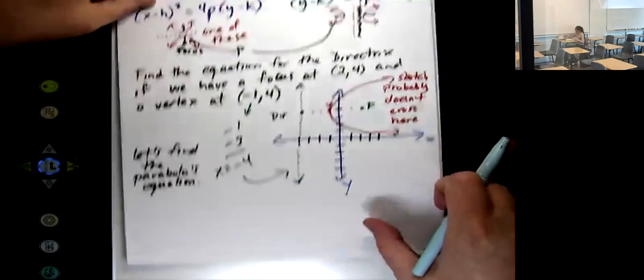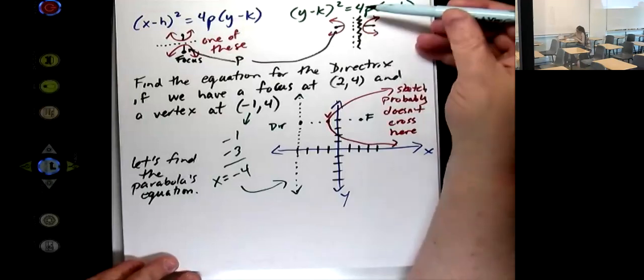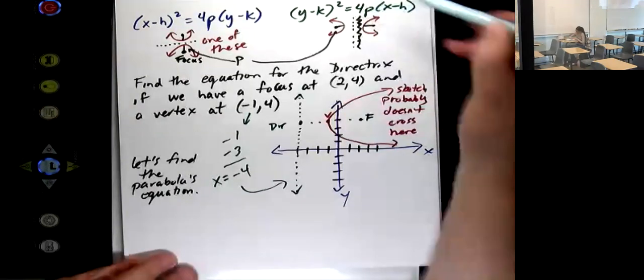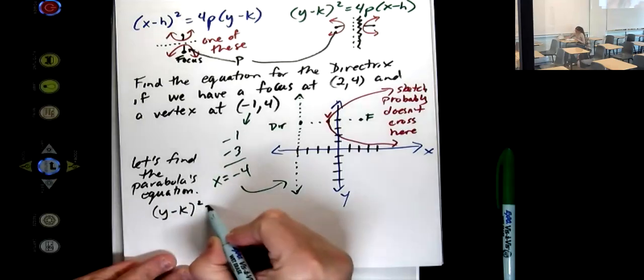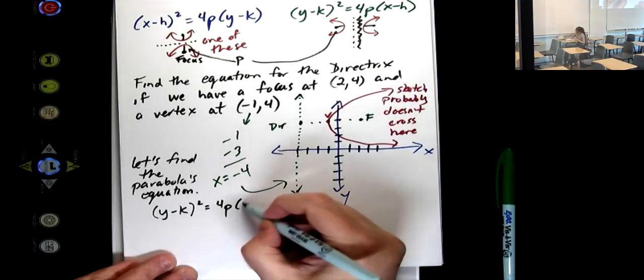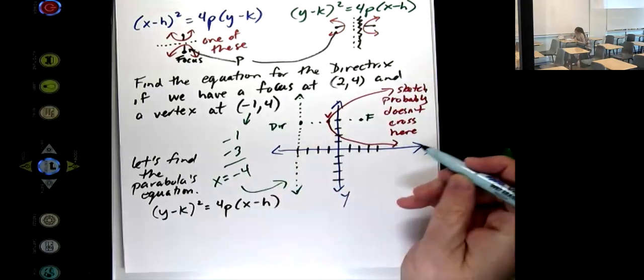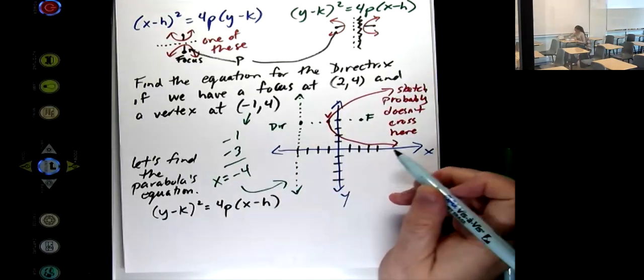Well, we know it's opening left or right, so it's got to be in the form (y minus k) squared equals 4p times (x minus h). And what values do we have of that?